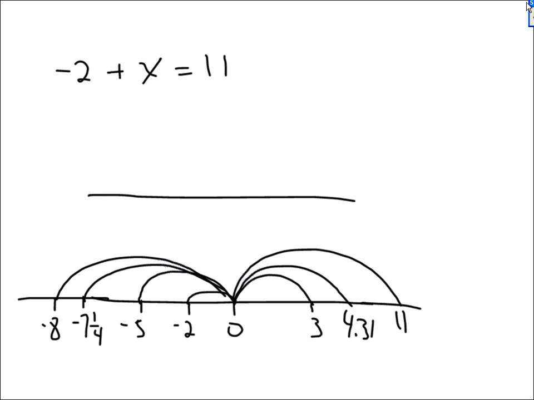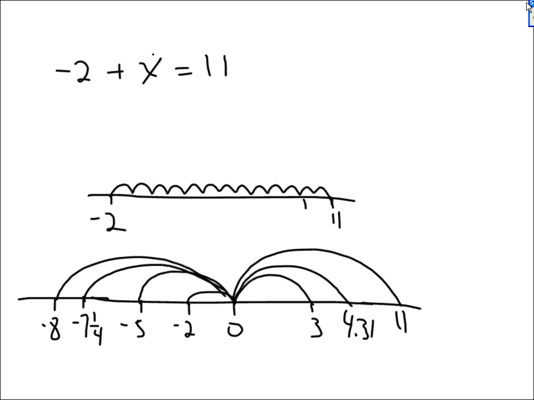So now, you're at negative 2, and you want to end up at 11. Now you can count. Negative 1, 0, 1, 2, 3, 4, 5, 6, 7, 8, 9, 10, 11. You can count those and you will get 13.